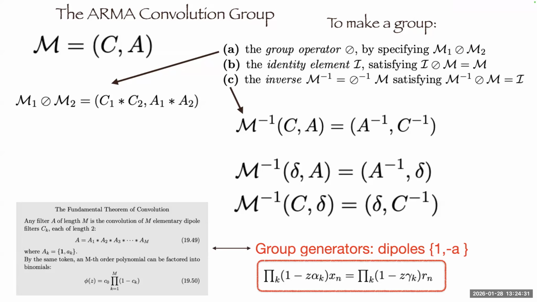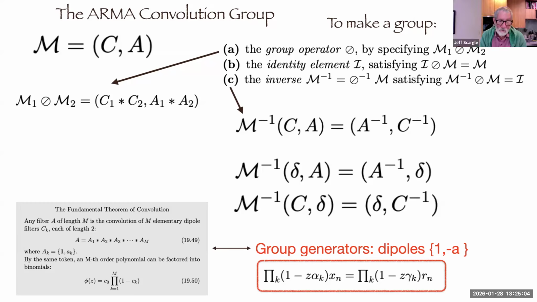I think in our case here with the ARMA group, any one of those filters can generate all the other filters because it's a kind of unique mapping. But in general, is that true? In general, there may not be that every element can generate all the other elements, but in this case it does.